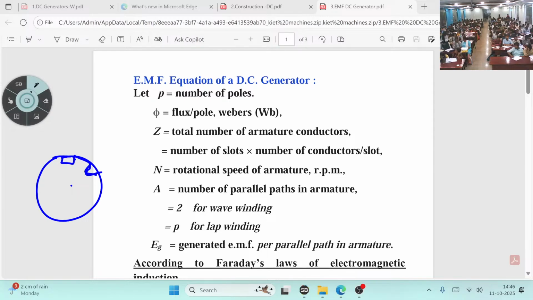How many slots are we having? These are the slots. Counting them: 1, 2, 3, 4, 5, 6, 7, 8, 9. For example, 9 slots. In each slot, how many conductors? 2, for example.